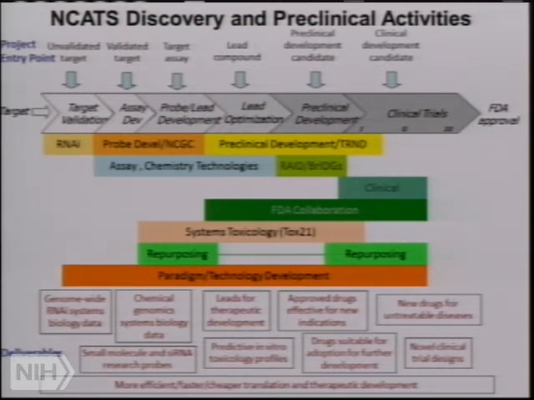Given the high failure rate and given the fact that what you're seeing is really what's happening in large pharmaceutical organizations, in biotechs, you may ask yourself, okay, why is NIH, NCATS, academia doing any of this? Obviously, this is the sweet spot here. This is what NIH is good at, discovering new targets, new biologies.